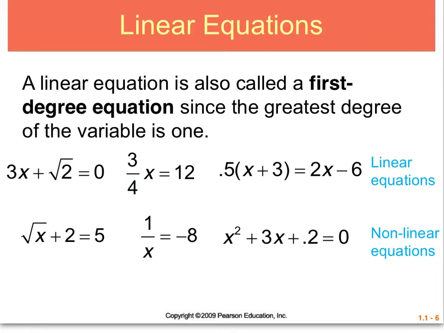And so in each of these top equations, the largest exponent on my variable is always 1. Whereas here, I have an exponent really of 1/2. I have a negative exponent here. My highest exponent here is 2. So these bottom three would not be linear equations. They would be other ones that we'll be more familiar with as we move throughout the year. And so we need to be able to easily identify equations as linear or not just based on their degree.